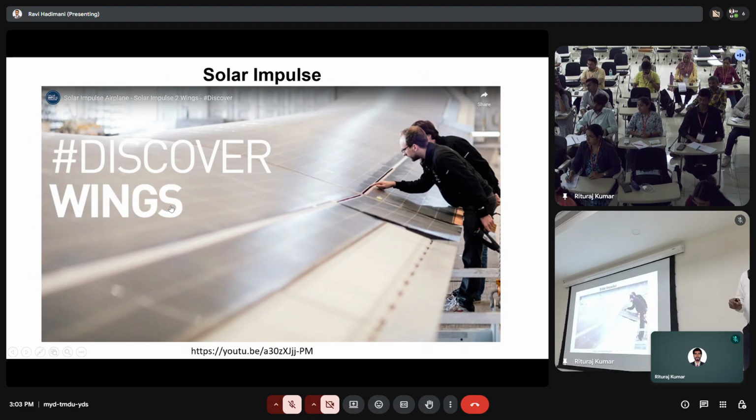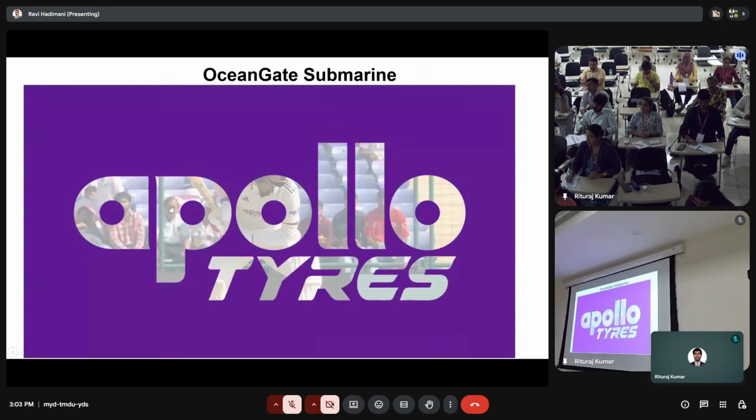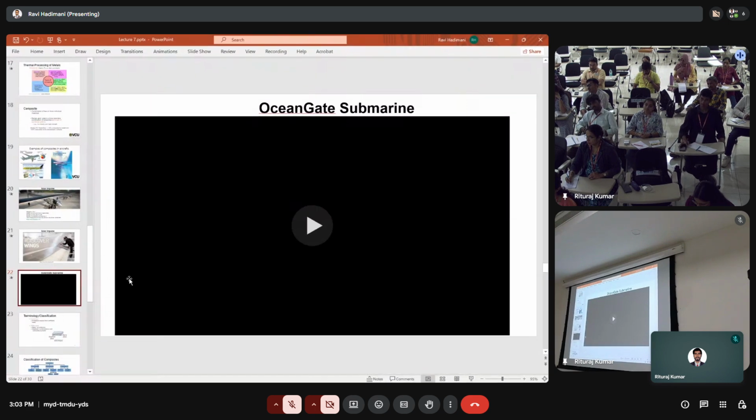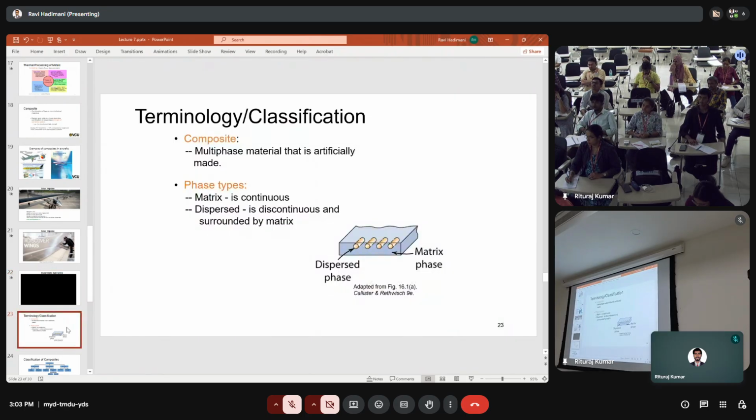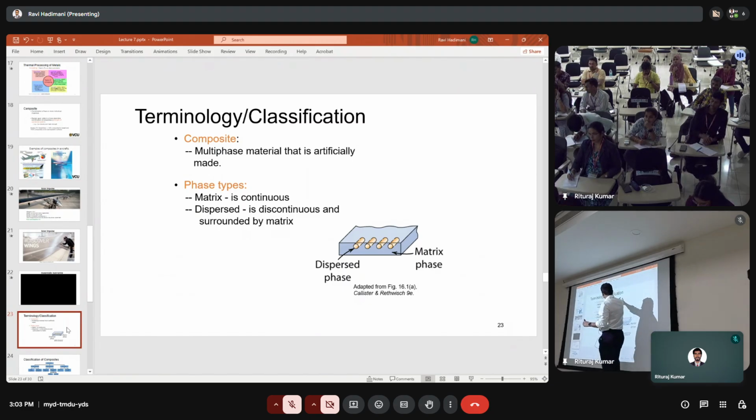Okay, so I'll quickly show you the different types of composite materials. The terminology, again, if you have done a material science class, you might have come across these, but these are the fundamentals of composite materials. A composite is a multi-phase material that is artificially made.